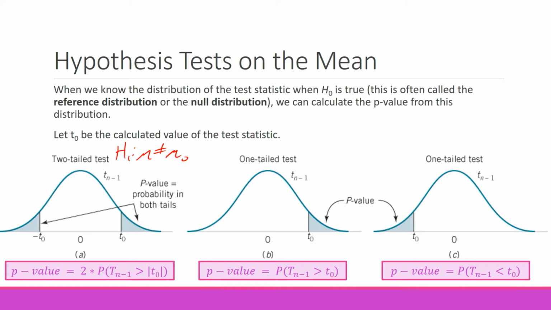Now, practically, when we're actually going to find the p-value, what that means is we want the probability in both tails. So if we mark off, and remember, T naught being our test statistic value that we've calculated, so we've plugged the numbers into the formula, the positive and the negative value of that, then we want the area in both of those tails. That's going to be our p-value.